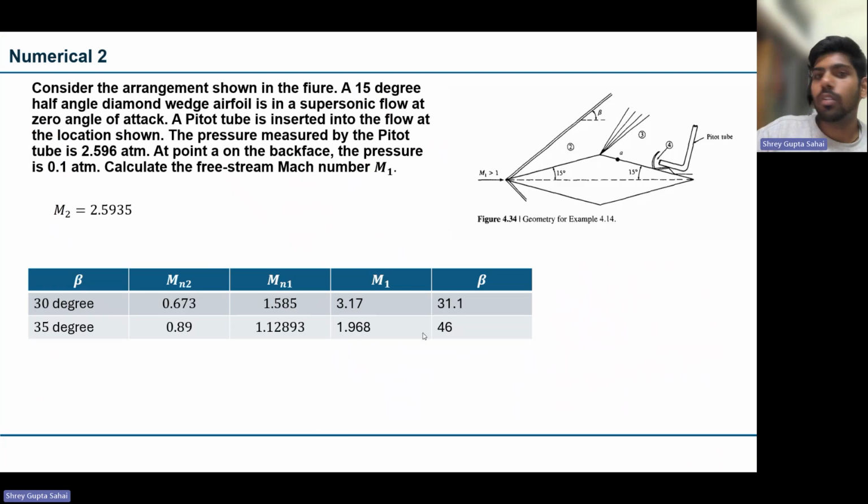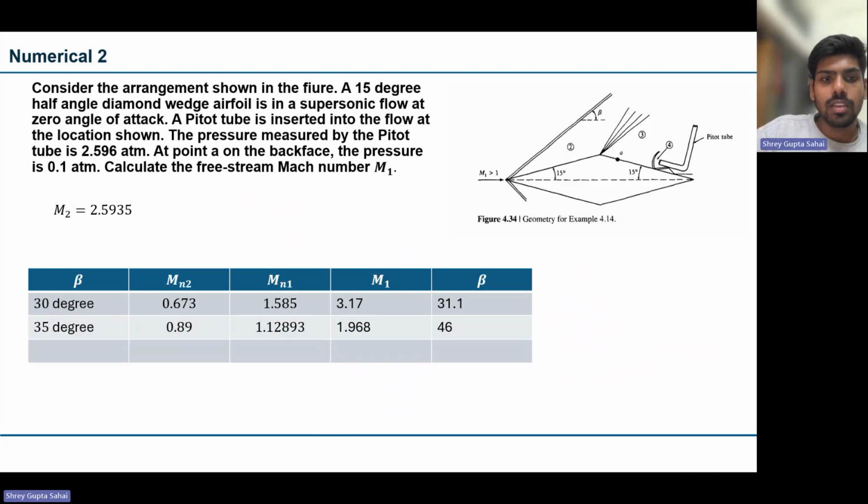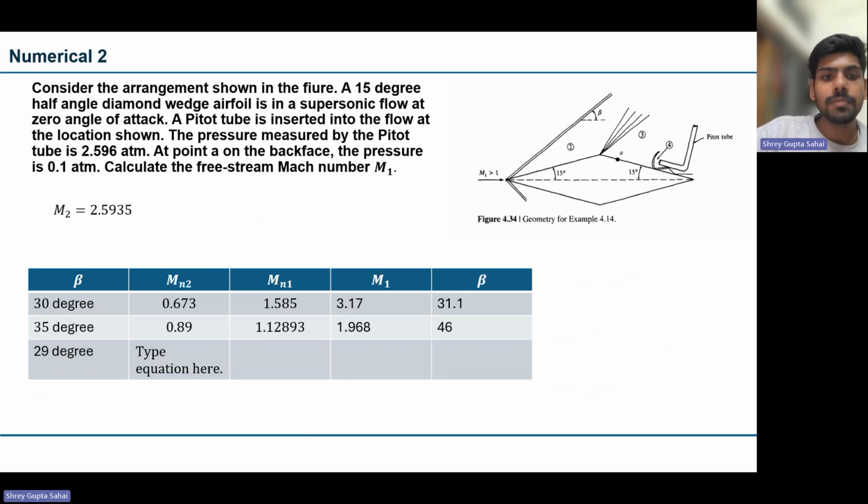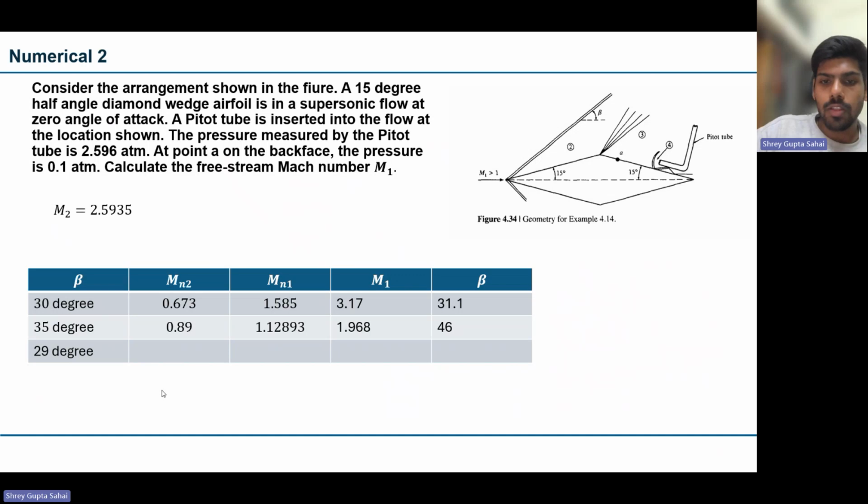And now if we guess next, if we guess 25 degrees, or let's say 29 degrees, then this will be what?